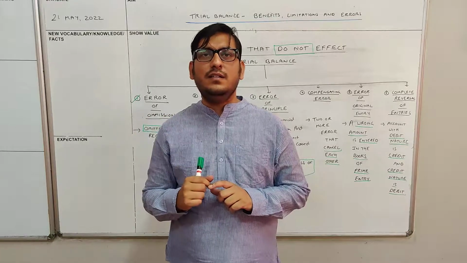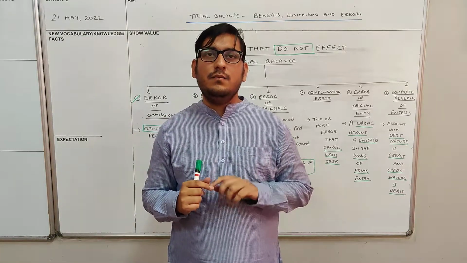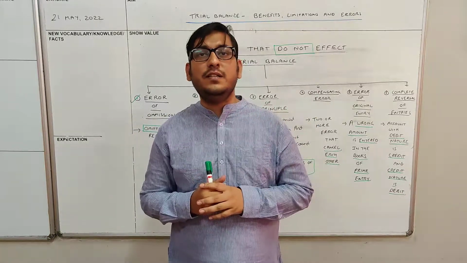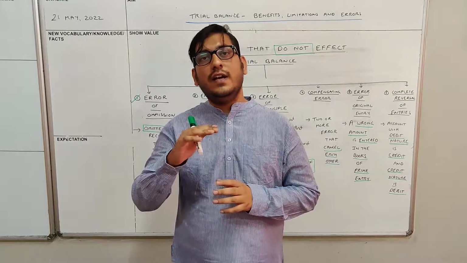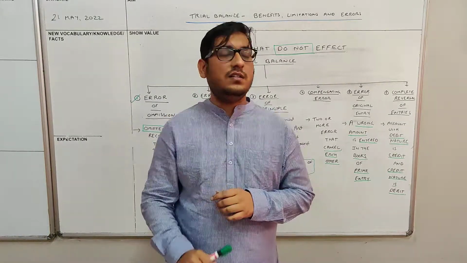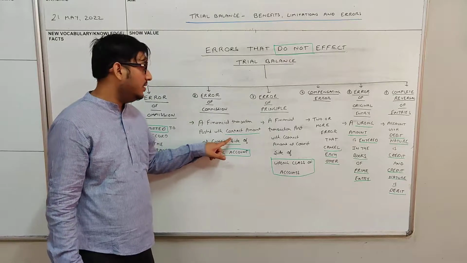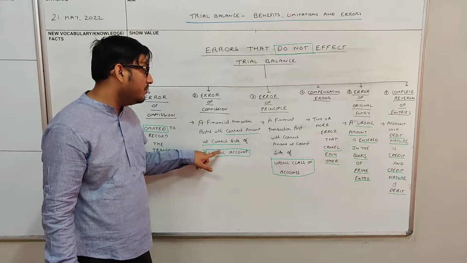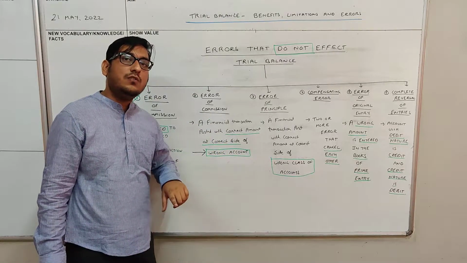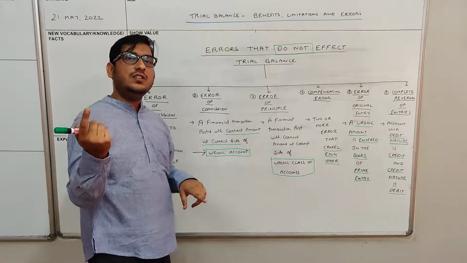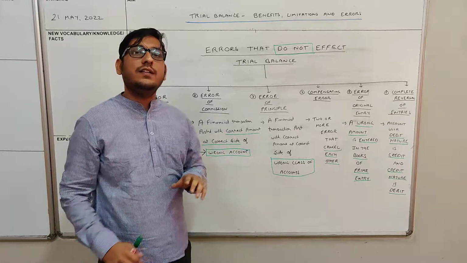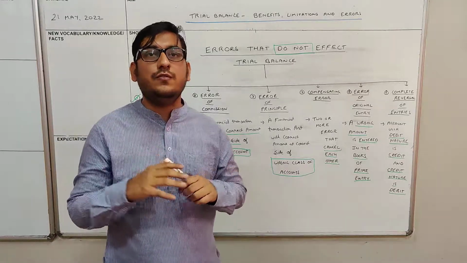Purchase account debit, Jitendra account credit. But actually I have made a separate account of Mr. Jitu. So I have posted the correct amount, $100, on the correct side, debit side, but in the wrong account. Instead of the Jitu account, I have posted the transaction into the Jitendra account. This type of error generally happens with similar names of accounts.